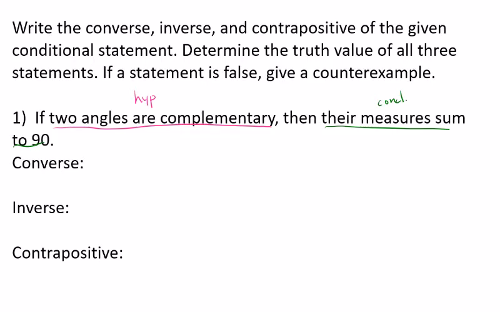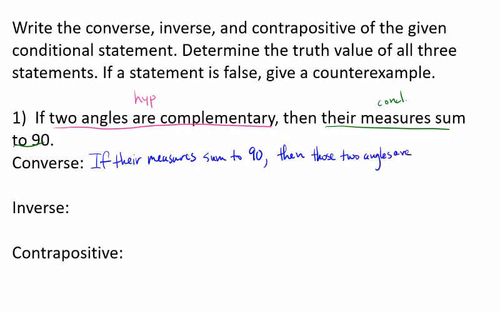So I can say if, now I'm going to use the conclusion, if their measures sum to 90, then, and now I'm going to put the hypothesis, then those two angles are complementary.